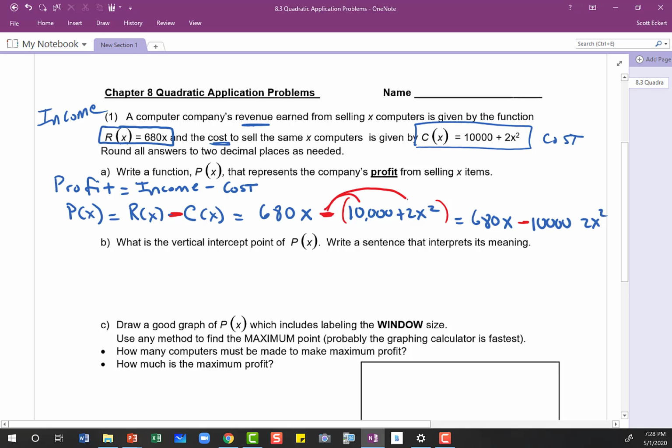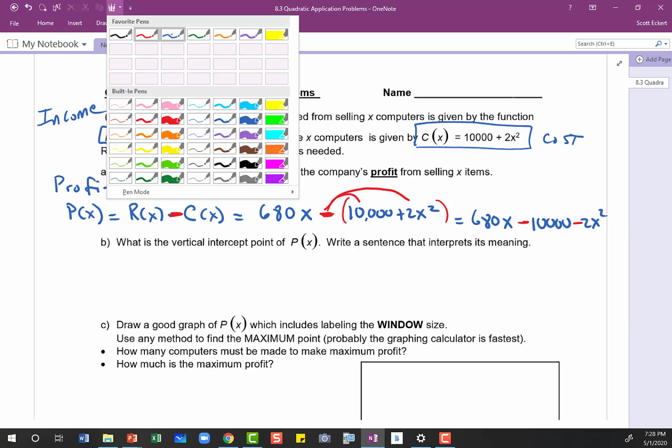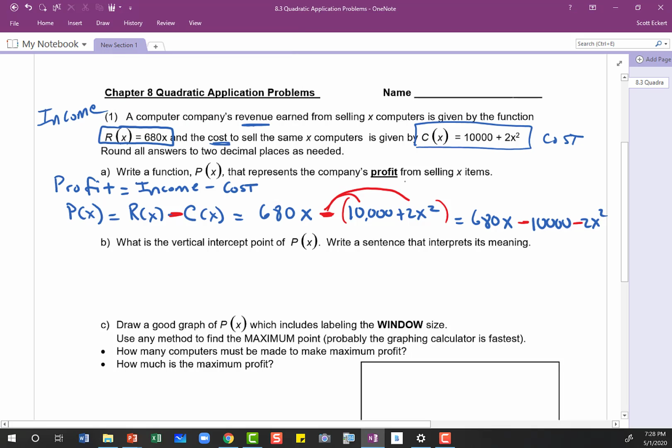And when the distribution comes in here, it's going to make the 2x squared negative. So in the end, when we simplify this and put it in order, we'll have the profit function. It's negative 2x squared plus 680x minus 10,000. So those negatives are really important to take care of and watch them carefully.